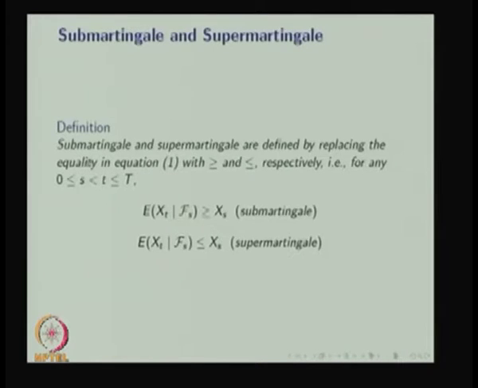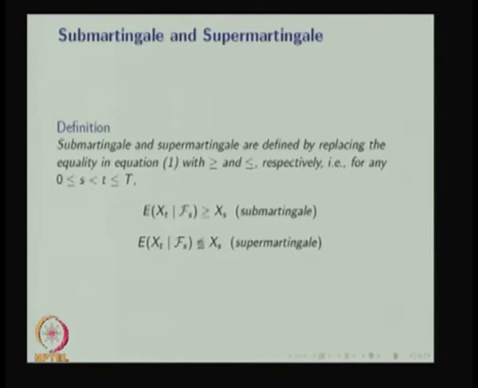By replacing the equality in equation 1 with greater than or equal to, less than or equal to, the corresponding stochastic process will be called a submartingale whenever it is greater than or equal to sign, or it is a supermartingale if the conditional expectation is less than or equal to X of s.